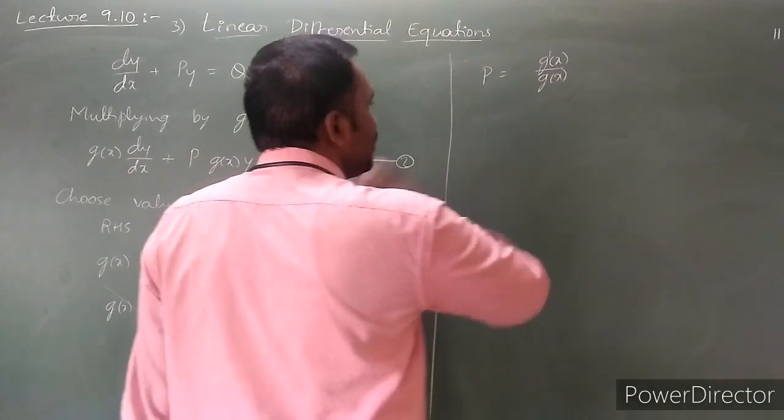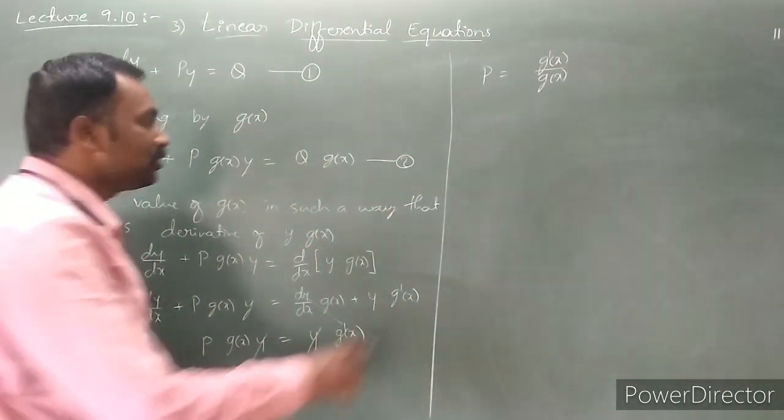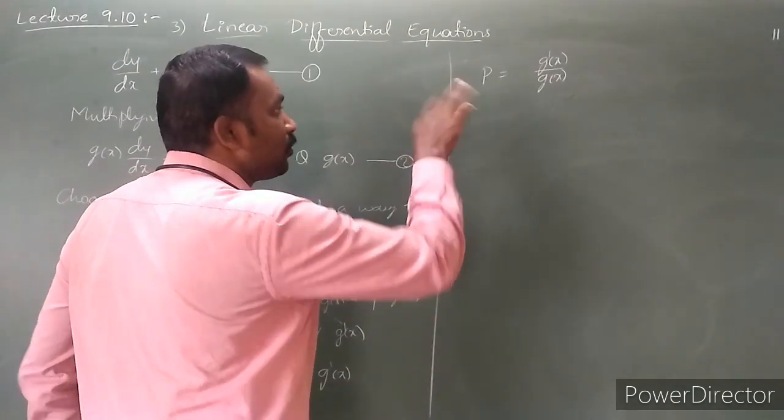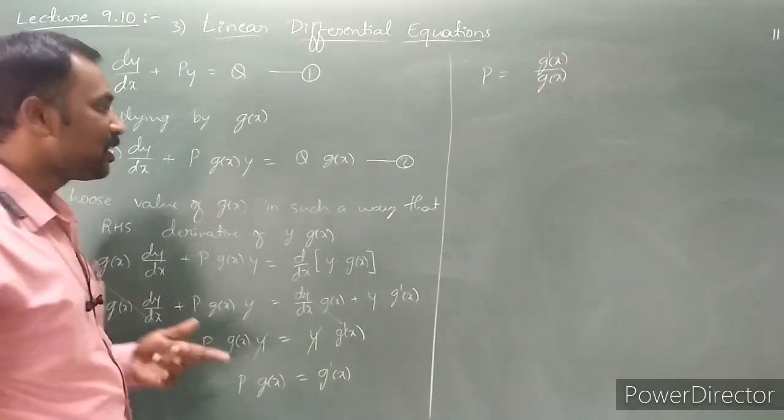Then integrate this one. After getting the p value, what do we have to do? Integrate. Why do we need to integrate? Because I need to find the g of x value.